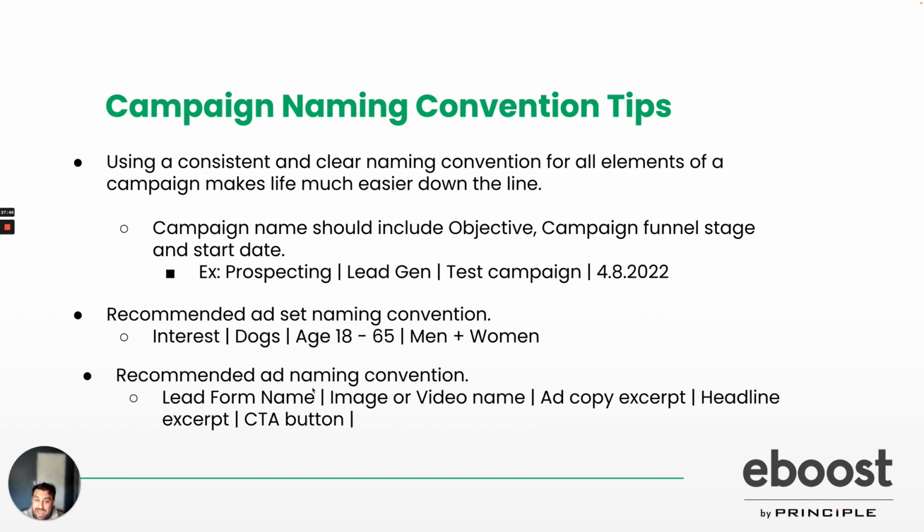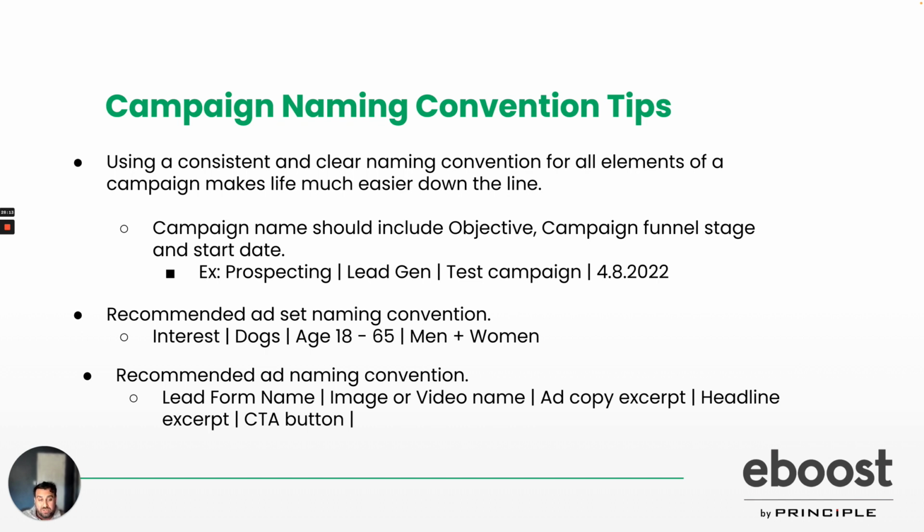And then for the ad naming convention too. Typically what I would include, assuming it's an instant form ad, is the lead form name, the image or video name that we're using, or something about the image or the video that is easily recognizable when I'm just looking at the line. So if the image has a bright orange background and another image has a bright blue background, I might call it the bright blue background, or I might make a short acronym that makes sense to me.